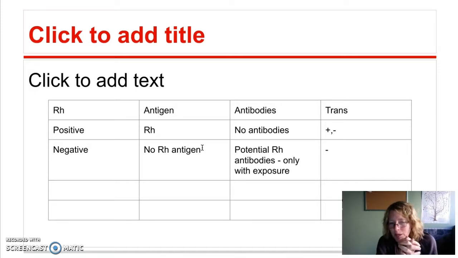And that is the point when the mom's body is likely to make Rh antibodies. And so that first baby is fine, but if a second baby is Rh positive, that mom's body is already going to be sensitized to Rh, and the mom's body may start attacking the red blood cells of the baby. And so babies with Rh incompatibility are usually born low birth weight and often anemic. So that's with no treatment.